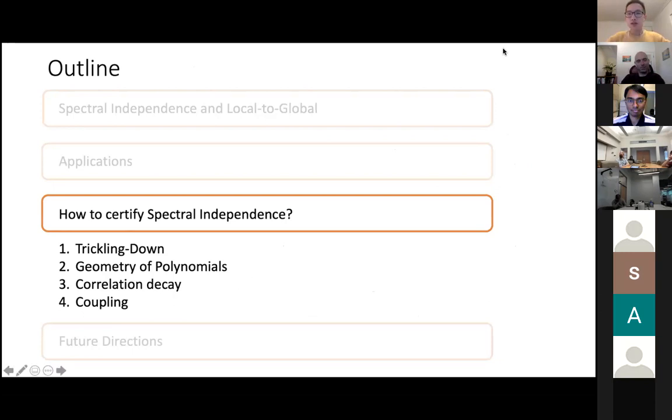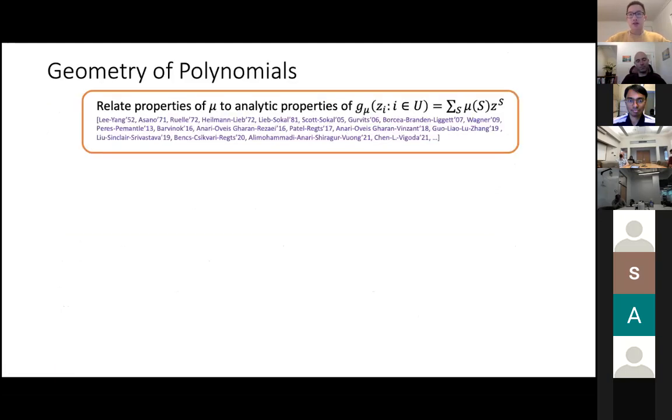Okay, so now let me tell you about a second nice method, using techniques from an area called geometry of polynomials. This area is captured by a general philosophy: if you have a distribution mu, then you can encode this distribution via a generating polynomial.